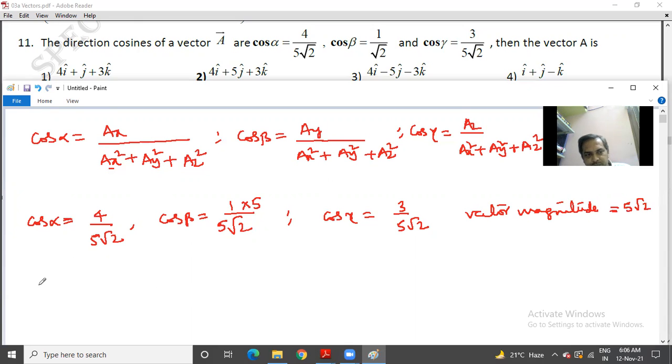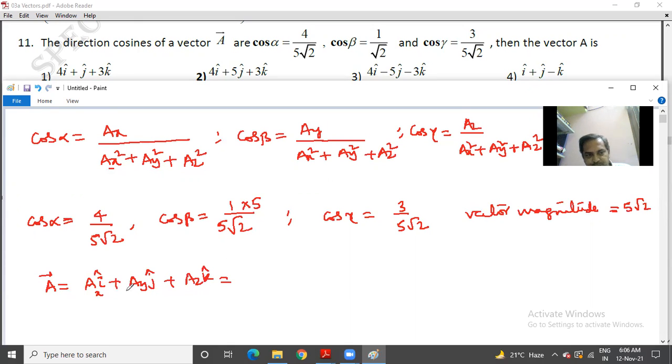Now, vector A is equal to Ax i cap plus Ay j cap plus Az k cap.